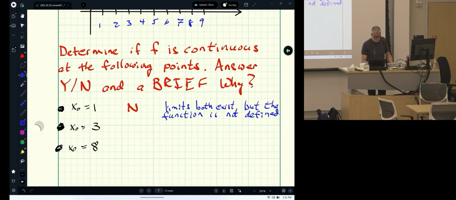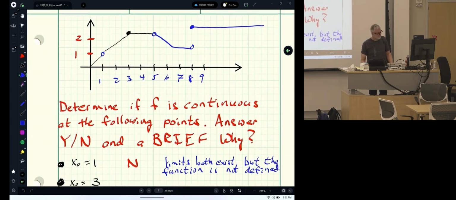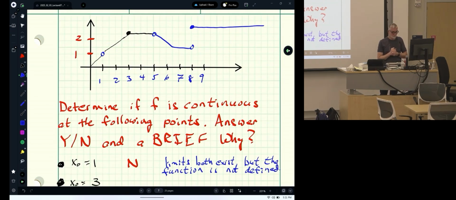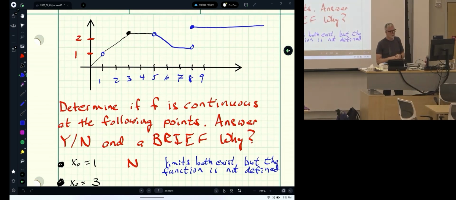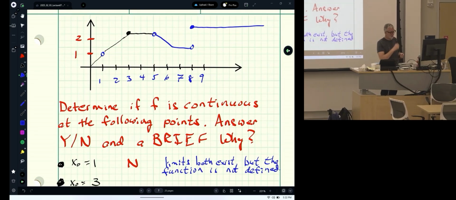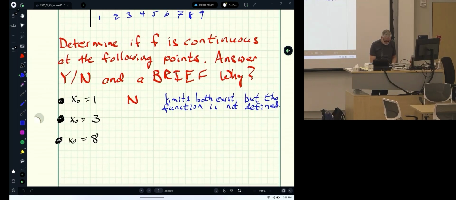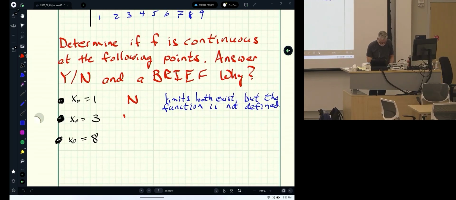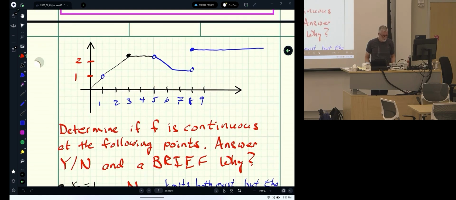Luke, x0 equals 3. Continuous, not continuous, and why? Is continuous, so yes. Oh, you're worried about the cut? That would be for differentiability, okay?